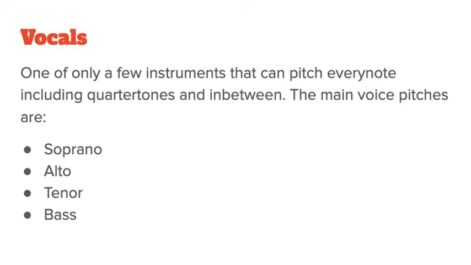There are the main voice pitches, which are soprano, alto, tenor, and bass, but there are many others, for example, you may say there is a baritone, or a countertenor. There are other ranges, but these 4 are the general ones for vocals.